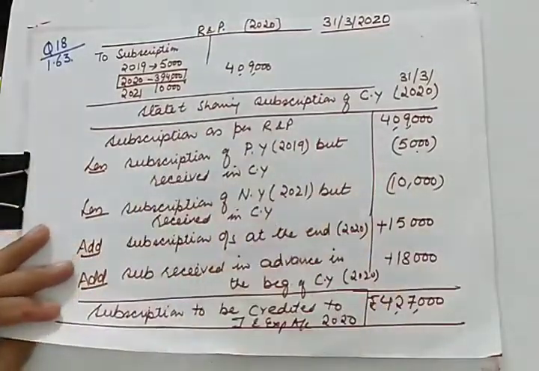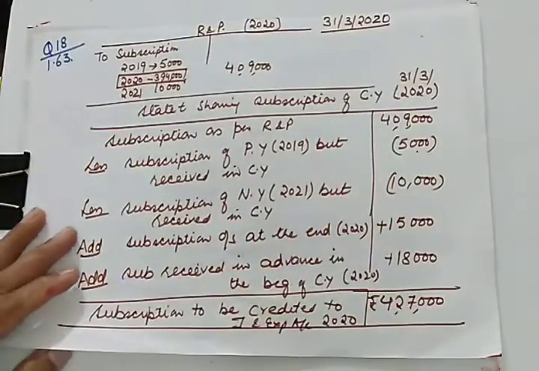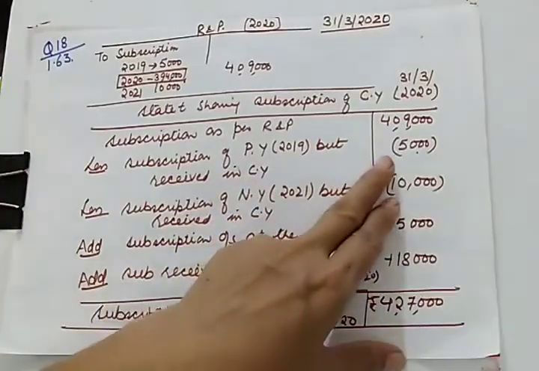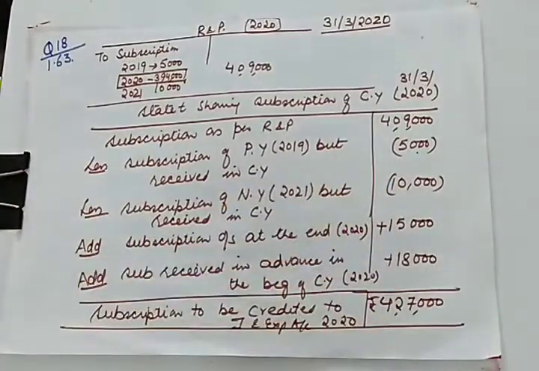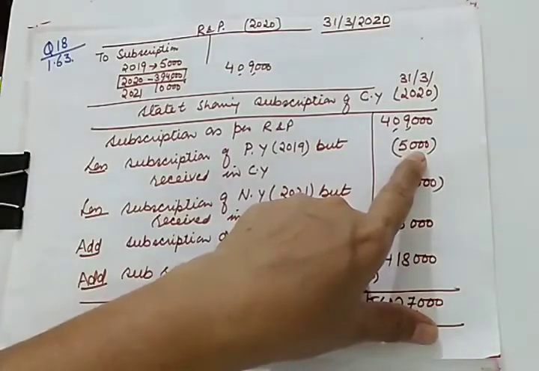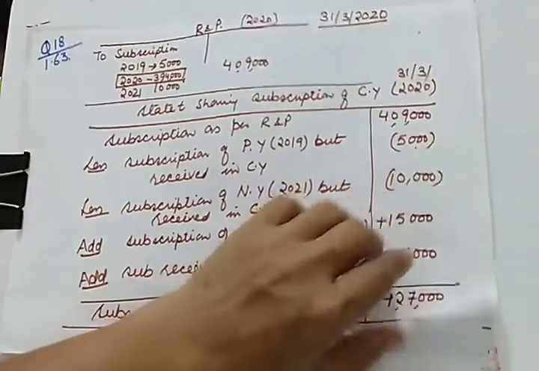And if suppose you are required to show the items in the balance sheet, so this is last year subscription, but it is mentioned in the question subscription due but not received at the end of the previous year is 8,000. So out of 8,000 you received 5,000. It means in the current year's balance sheet.